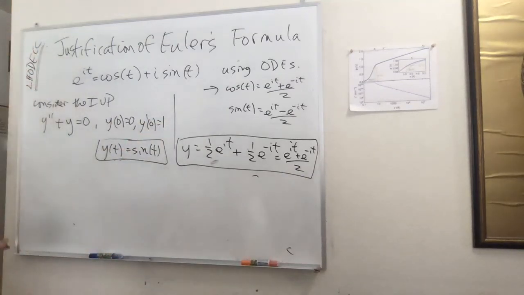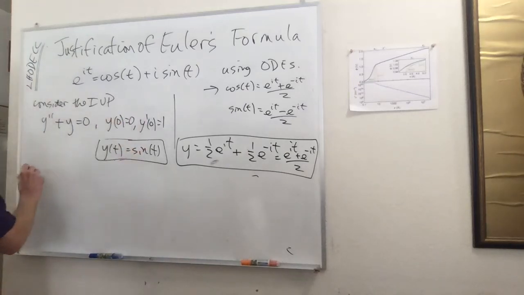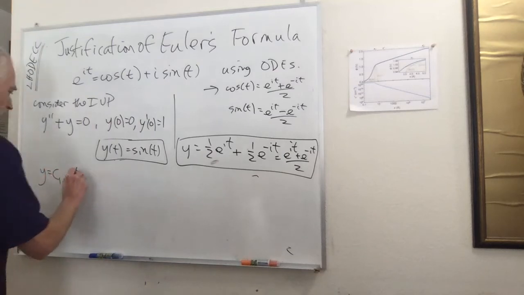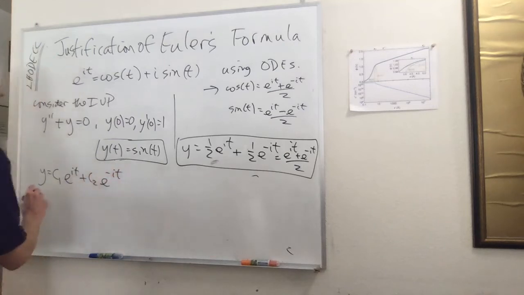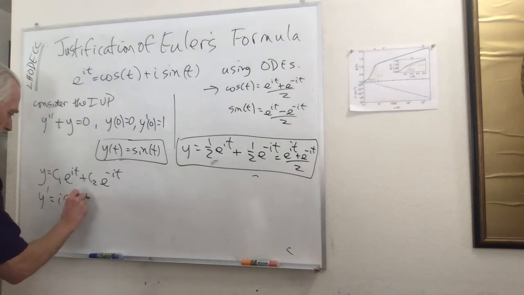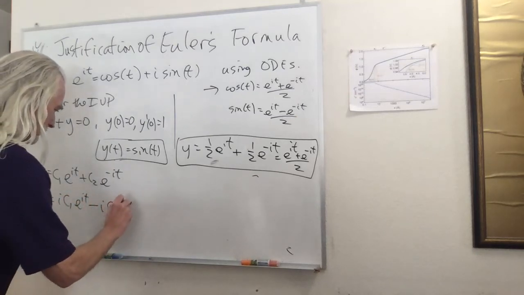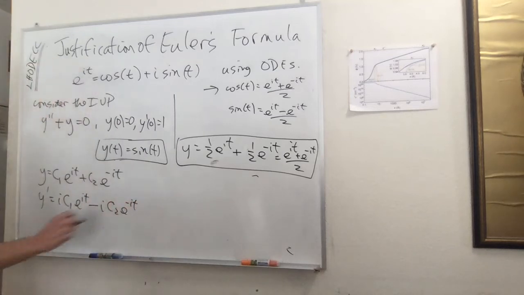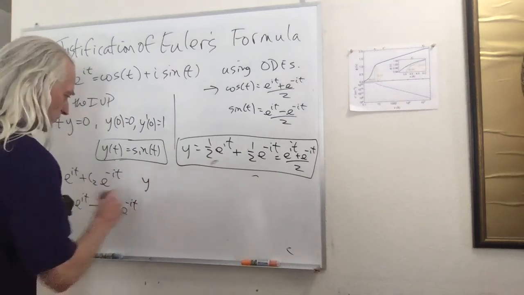Cool. All right, now let's solve this initial value problem using the formula c1 e to the it plus c2 e to the minus it. Well, it's the same thing. I probably shouldn't have erased it. All right, so that means that y of 0 is c1 plus c2.